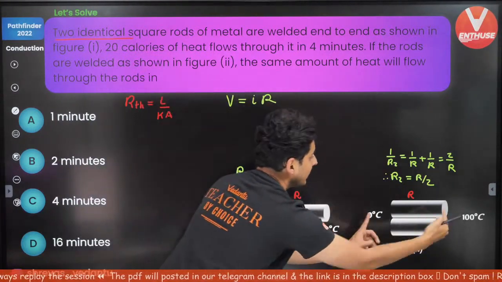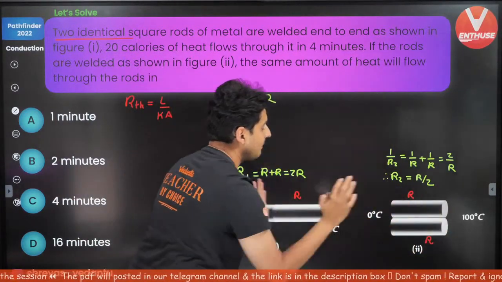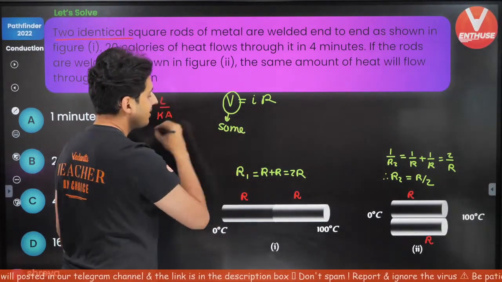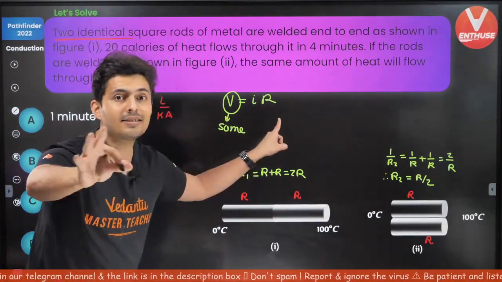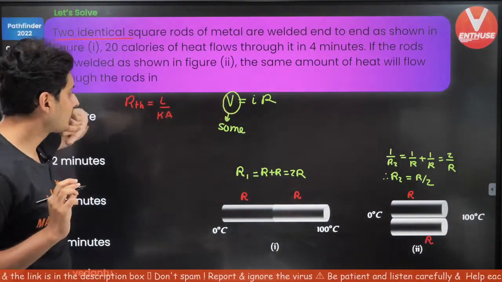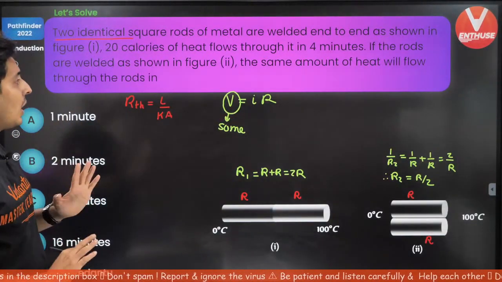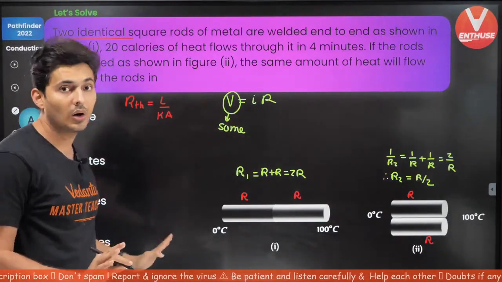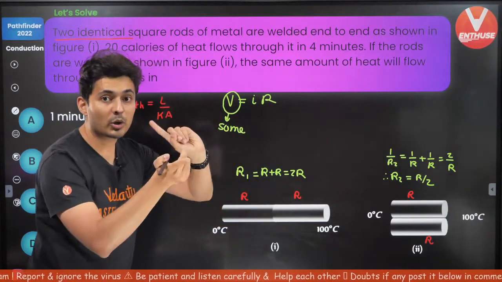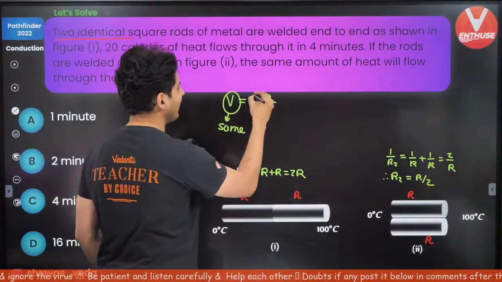The temperature difference, which is the voltage difference, is basically the same. Resistance is different, which means the current will also be different. dq by dt will be different. Current into R, the product of it, will be constant. And what is current?